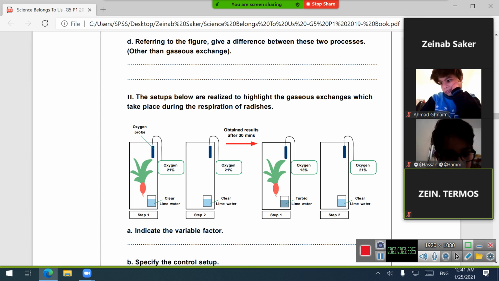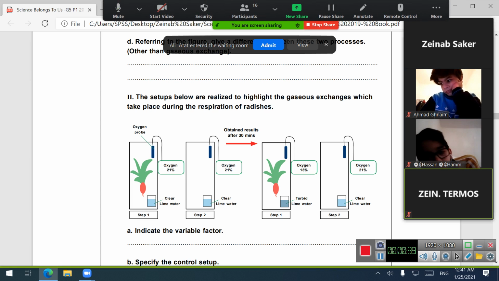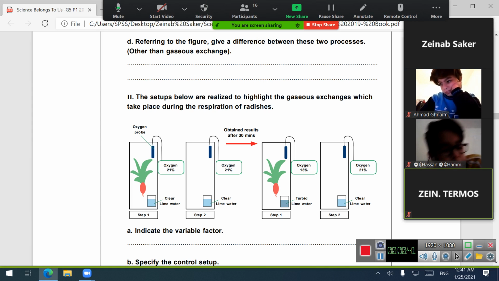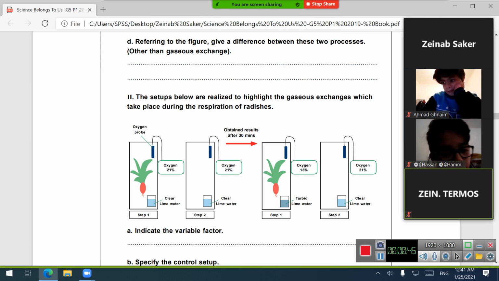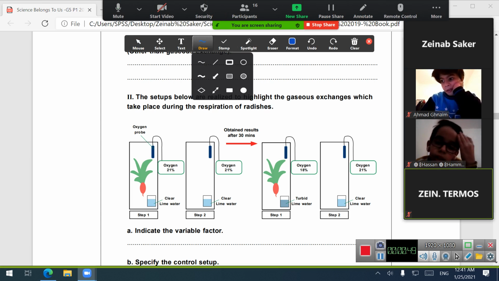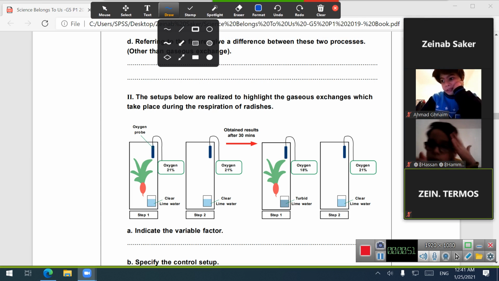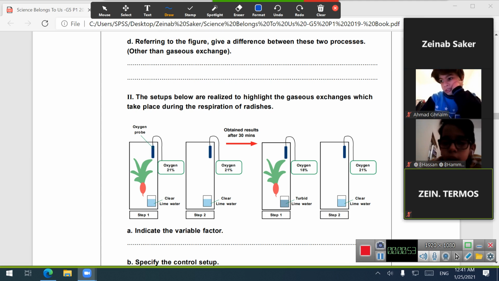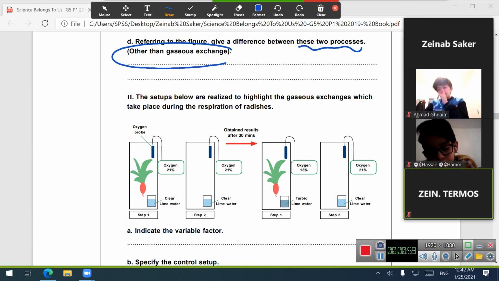I have to read it. Referring to the above figure mentioned in page 57, you have to find a difference between the two processes. It means photosynthesis and respiration, but other than the gaseous exchange.